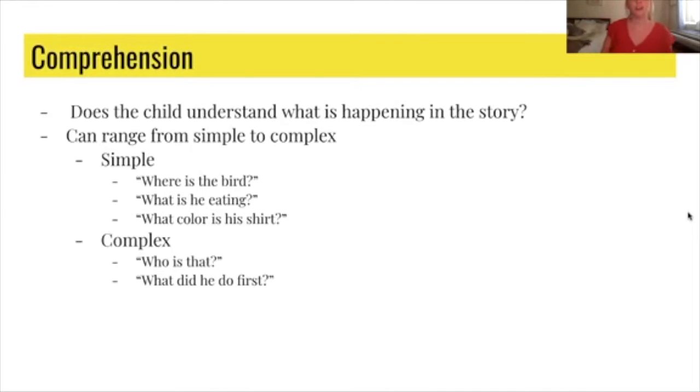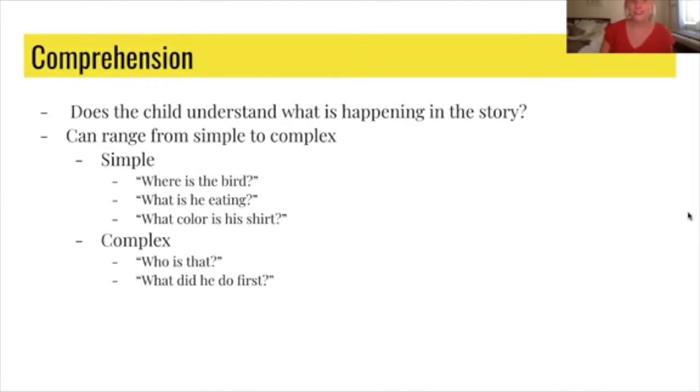And you could say, okay, yeah, he's in the tree, but where is he in the tree? Then you can talk about the leaves, the nest, how you make a nest, and what's inside of the nest. So you can really get into more of the book and more of a discussion about it instead of just drilling, like, what color is his shirt? What's this? What's that? Because those just aren't really the most effective.